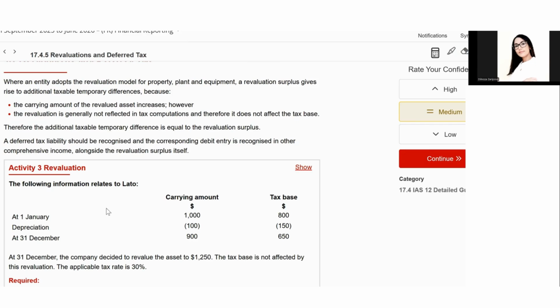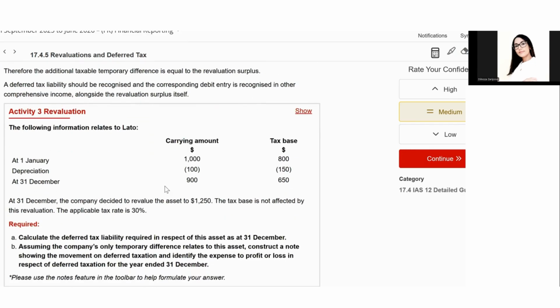Okay? So let's look at this example of the revaluation. Let's say you had the carrying amount, 1,000, depreciation, December the 31st, you have carrying amount of 900, and you revalue your asset to 1,250, and the tax base is not affected by the revaluation, just you apply 30%. So what does it mean?